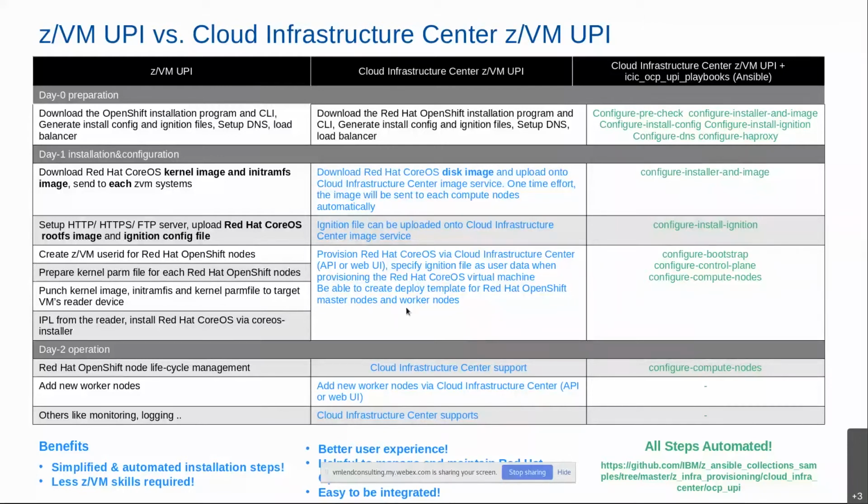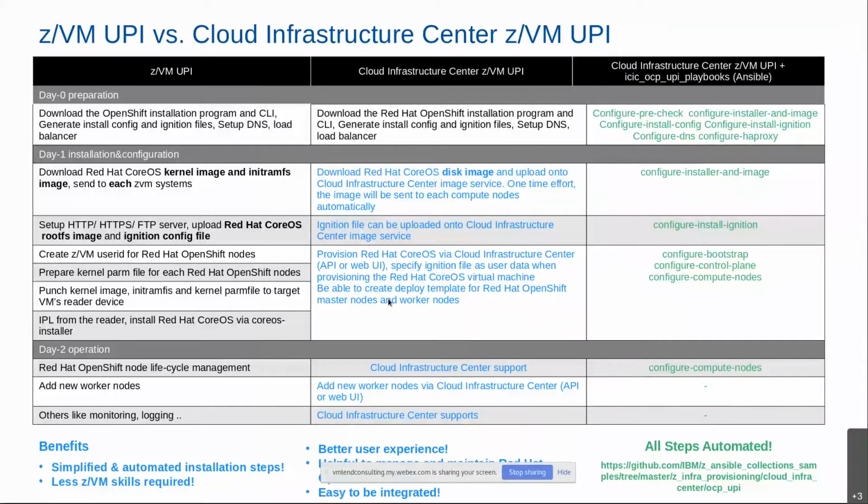Cloud Infrastructure Center also can help in day-two operations like OpenShift node lifecycle management, scale up, and scale down of OpenShift master nodes and worker nodes. I have no time to go through all the details for every step listed in this table.